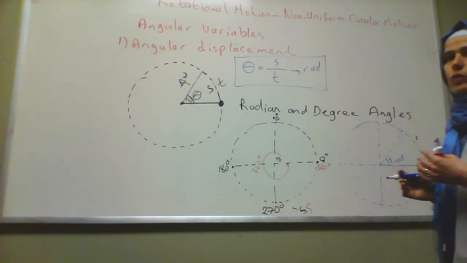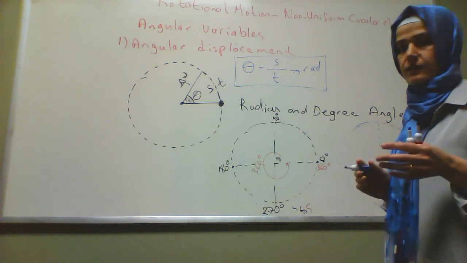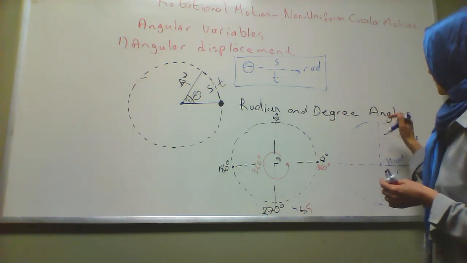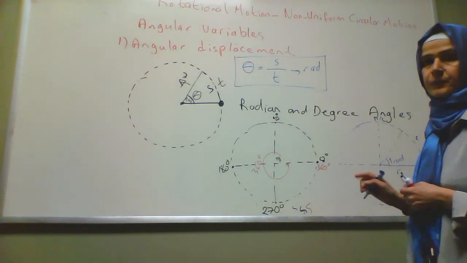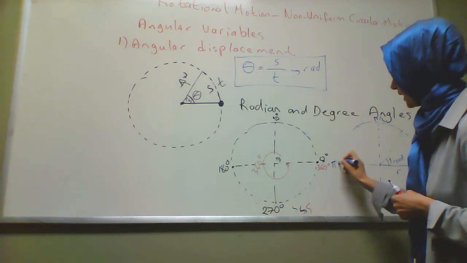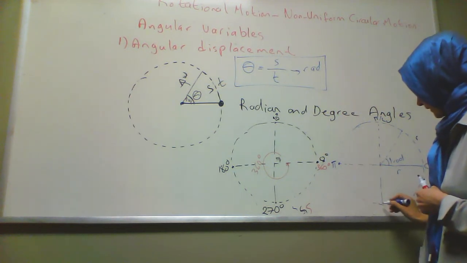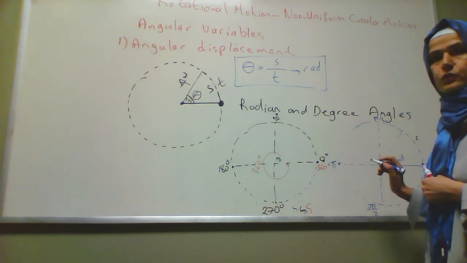But how we more often see this in life is that we start from 0 radian as well, very similar to degree. When we come up in here to 90 degrees, we have pi over 2. When we rotate a half circle, come in here, we travel pi radian. Come in here, we have 3 pi over 2. Coming back to 0 position, we have 2 pi.